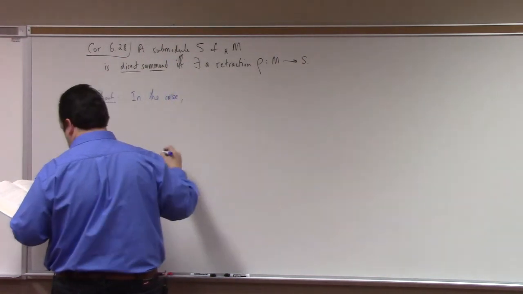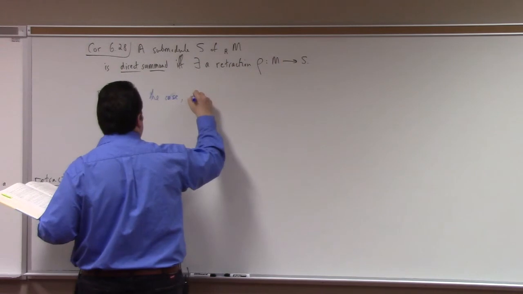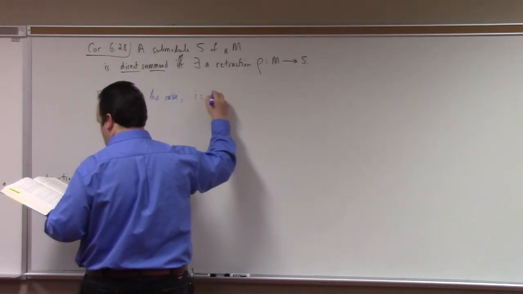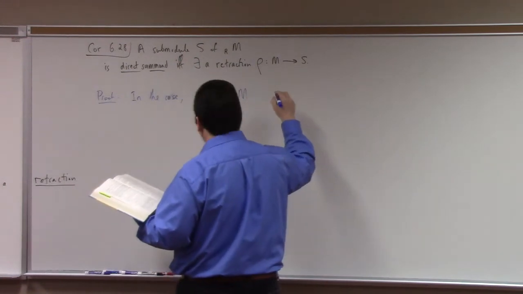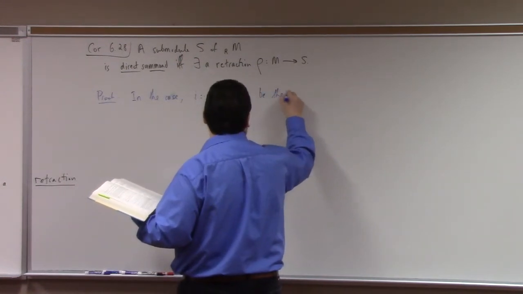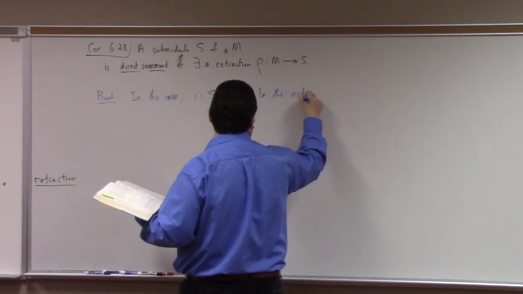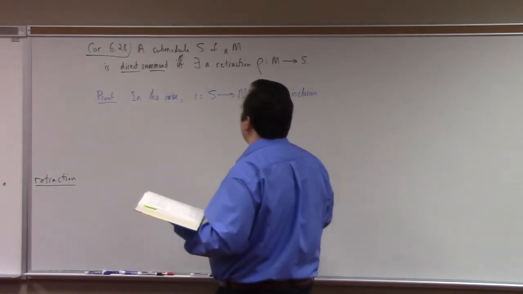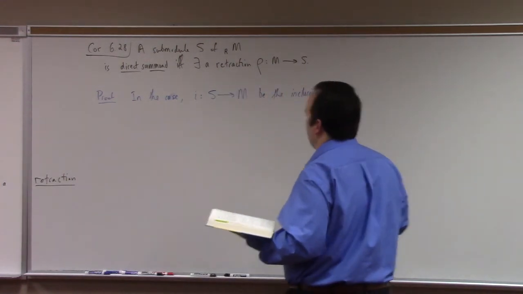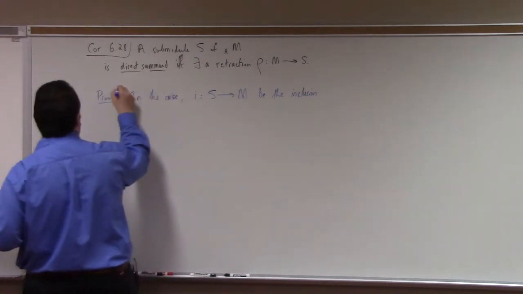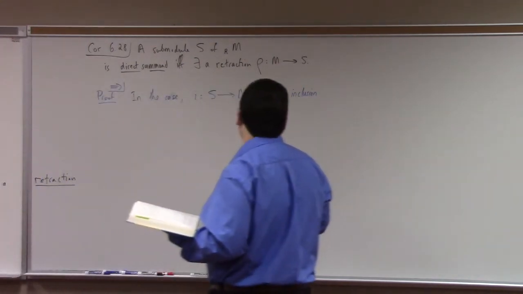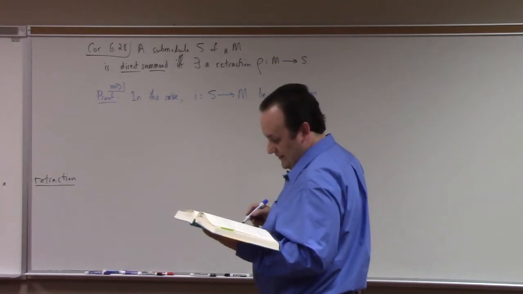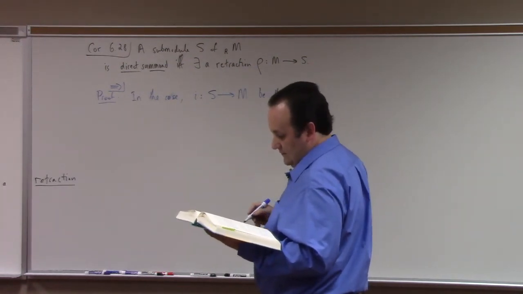So in this case, we let I, going from S to M, be the inclusion. So what's he assuming at the start? I think we're working on this part of the proof, right? We're supposing that it's a direct summand. And he says, let I be the inclusion. Wait a minute.